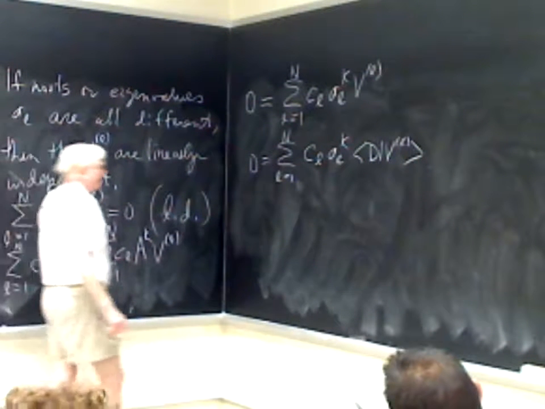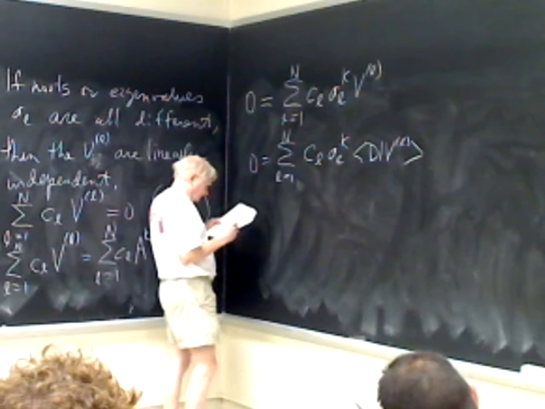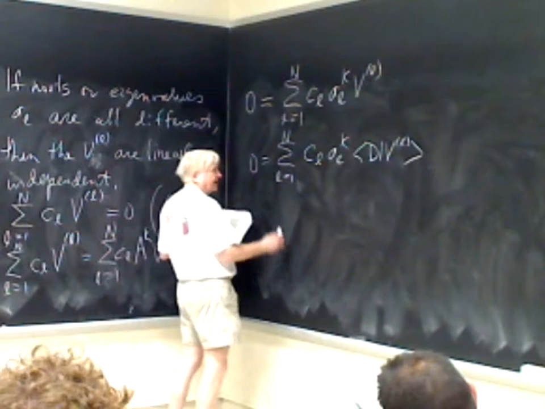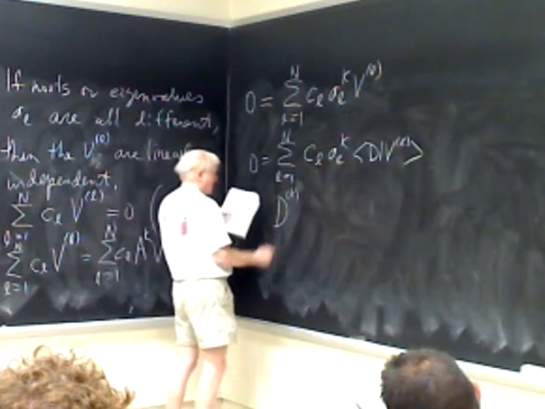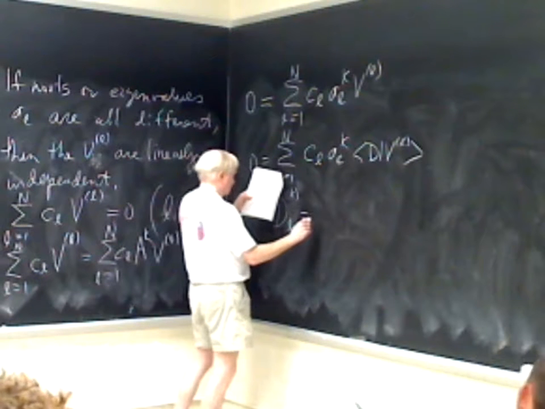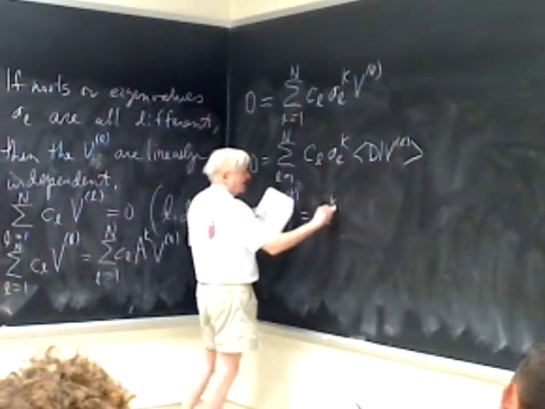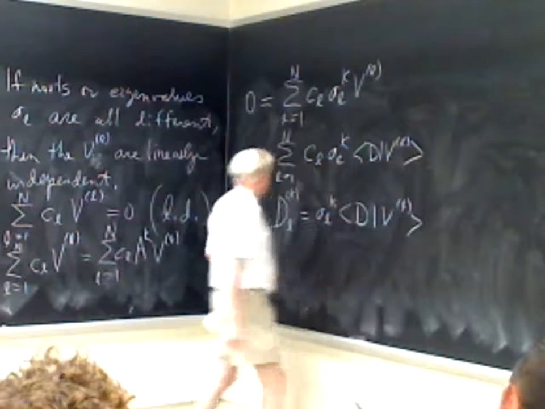Okay, well, let me define some vectors d_k with Lth component being simply a_L to the k times the inner product of d with b_L.